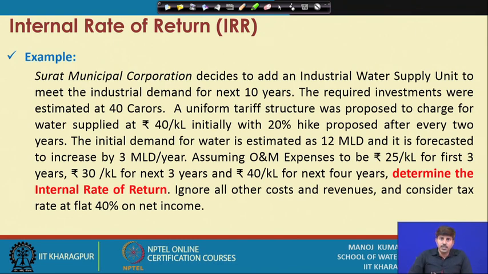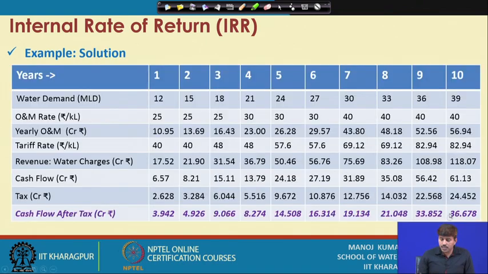So, the inputs to the problem remain the same as in the earlier session. However, the output here, we are not seeking the net present value. In the earlier case we were seeking the net present value at a 12% discount rate. Here we do not know what the discount rate or rate of return is.